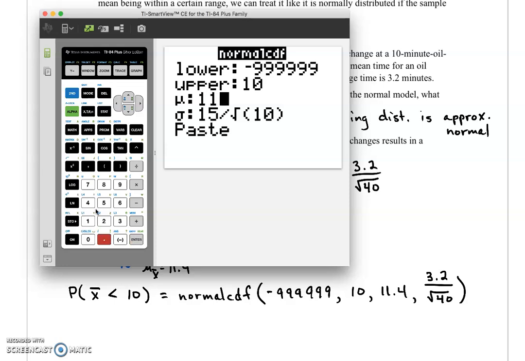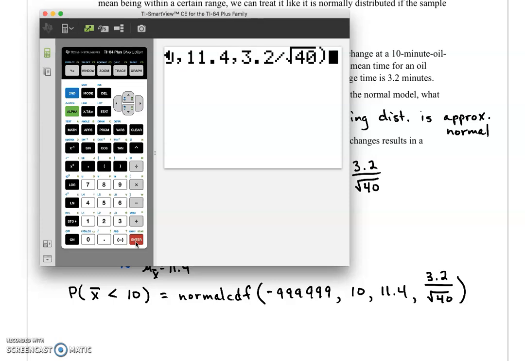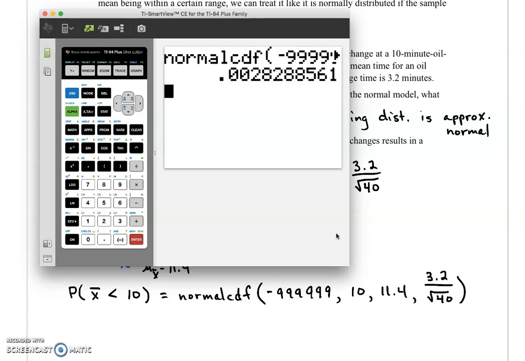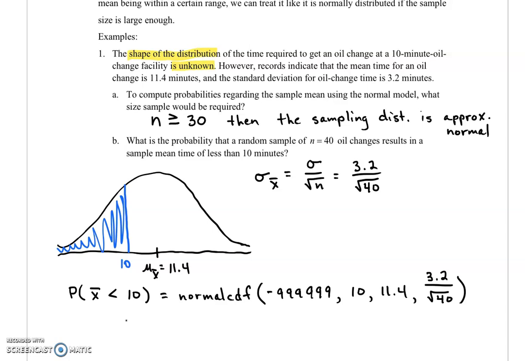The mean is 11.4. And the standard deviation is 3.2 divided by the square root of 40. And so we end up with a probability of 0.0028.